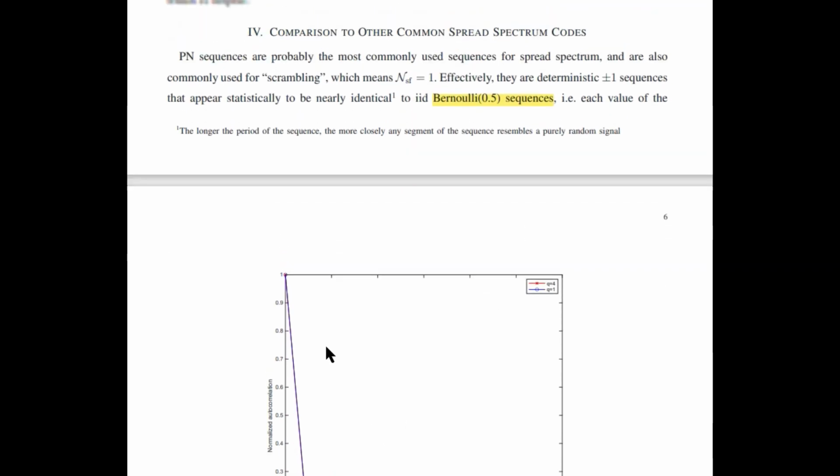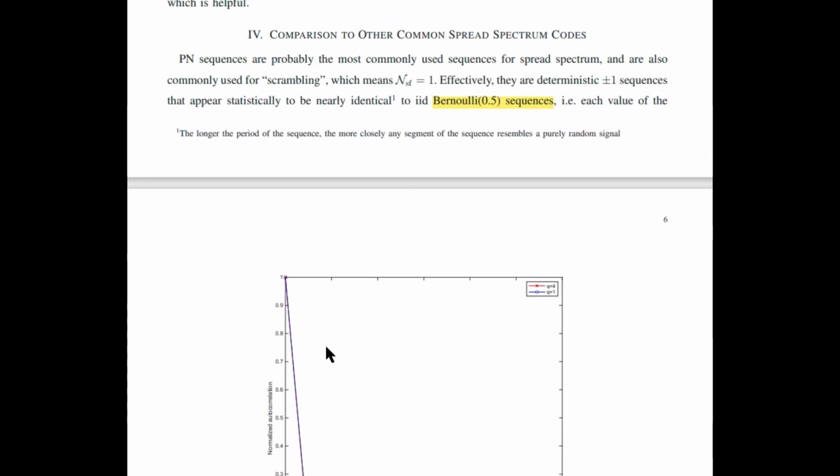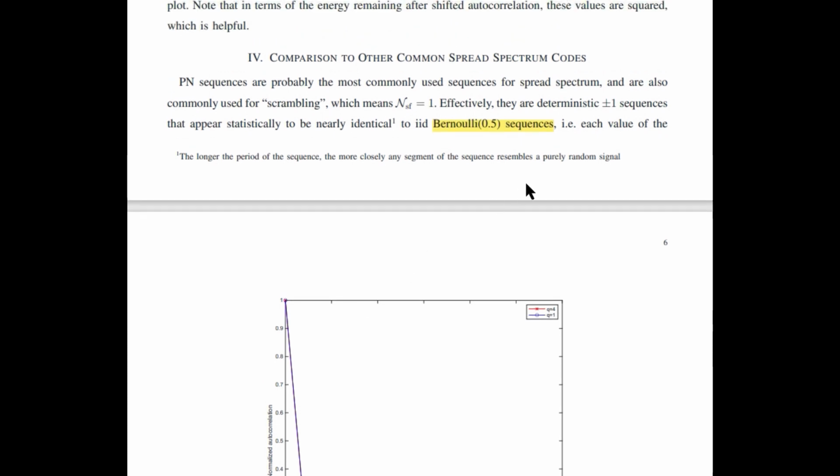Okay, so now we can compare with other common spreading spectrum codes. PN sequences are probably the most commonly used sequences for spread spectrum, and are also commonly used for scrambling, which means N_SF is 1.